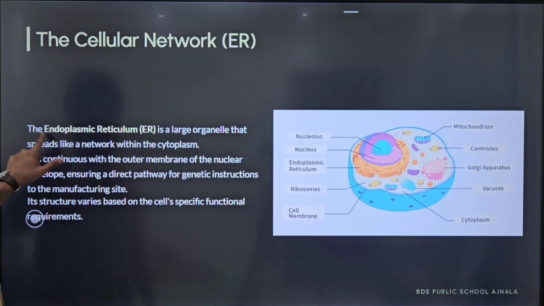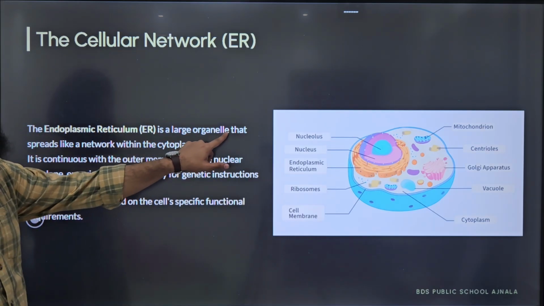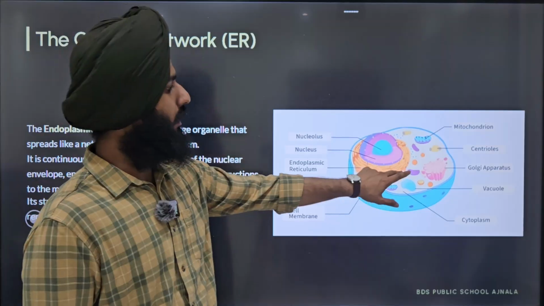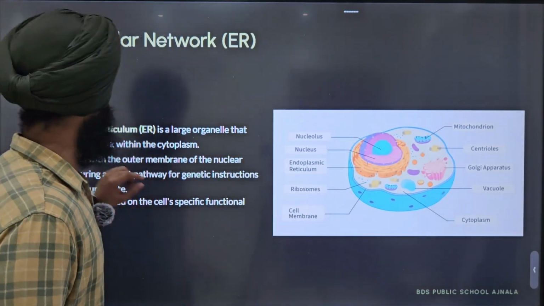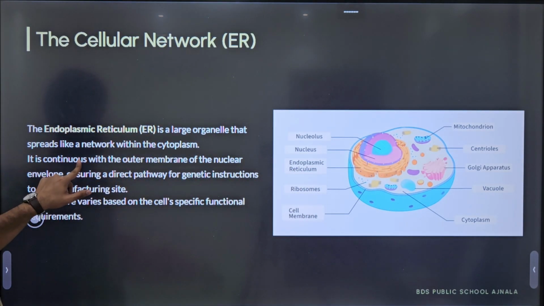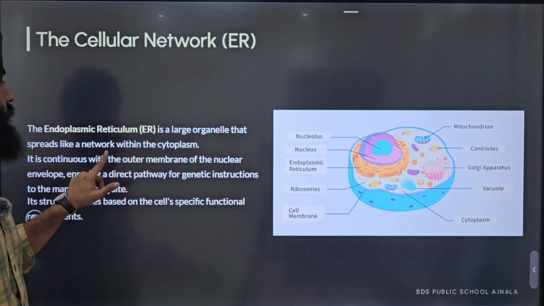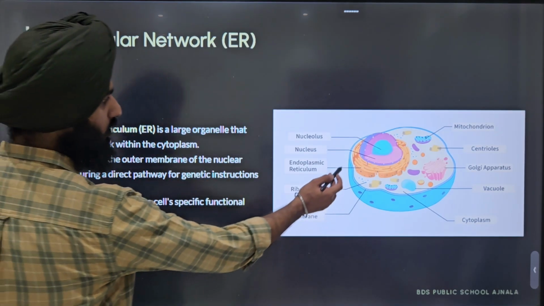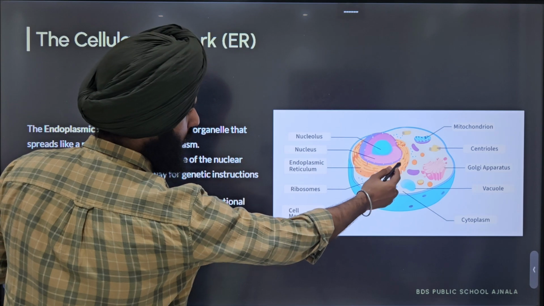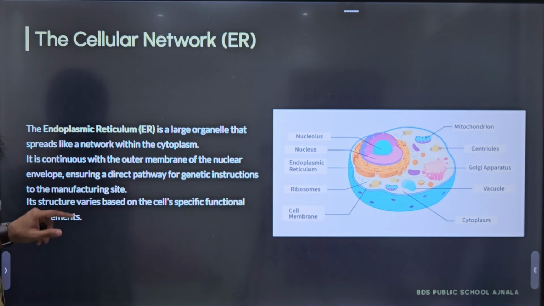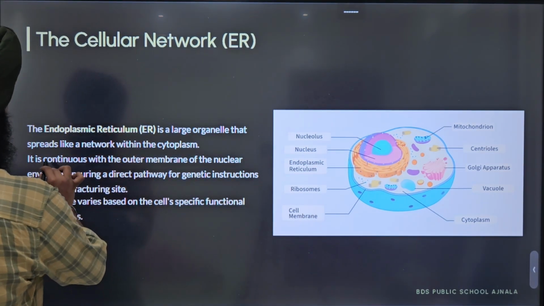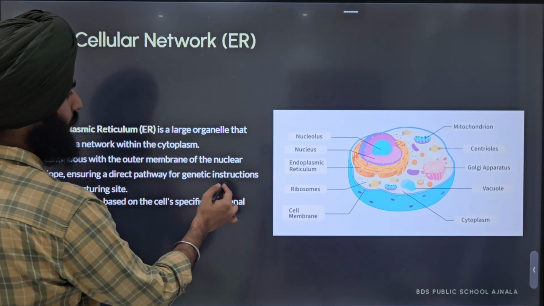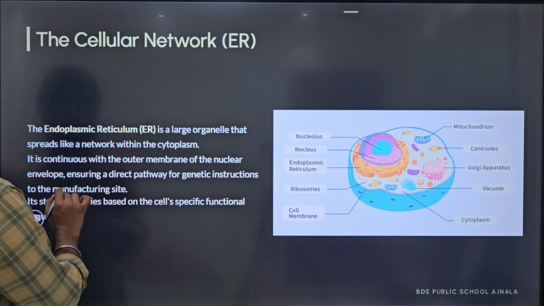Okay, so endoplasmic reticulum is a large organelle that spreads like a network within the cytoplasm. So it is within the cytoplasm outside the nucleus. It is continuous with the outer membrane of the nuclear envelope, as you can see over here, ensuring a direct pathway for genetic instruction to the manufacturing site.